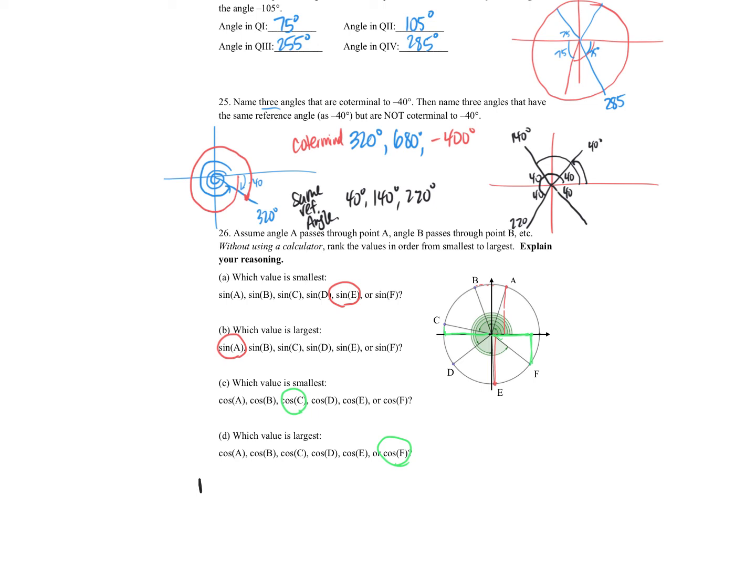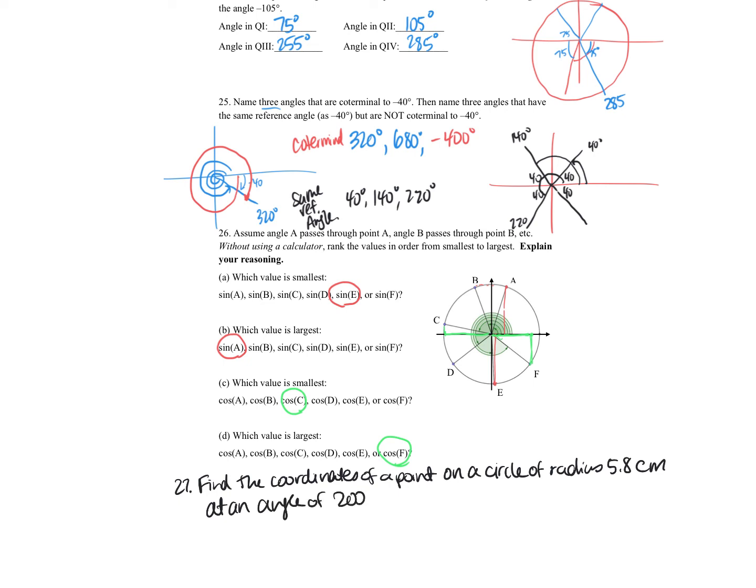It says find the coordinates of a point on a circle of radius 5.8 centimeters at an angle of 200 degrees in standard position, centered at the origin. And there's a picture that goes along with this. The picture looks like this.